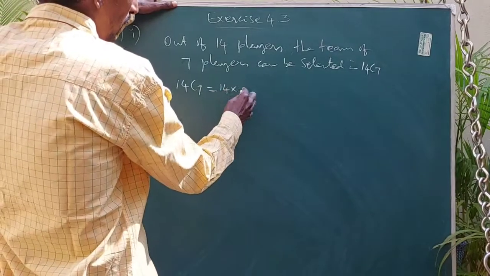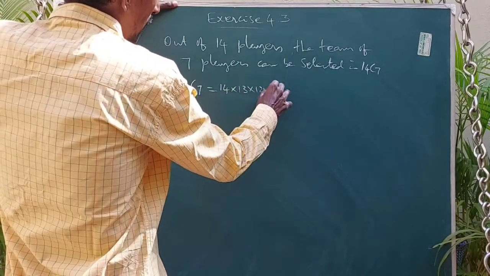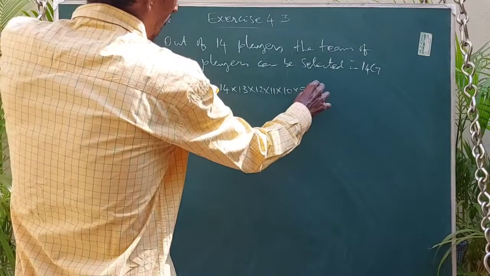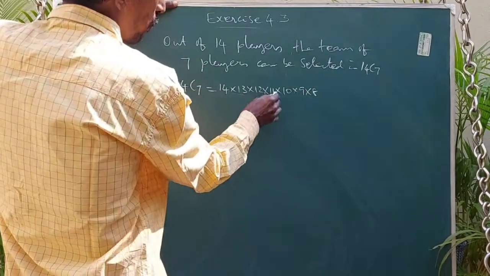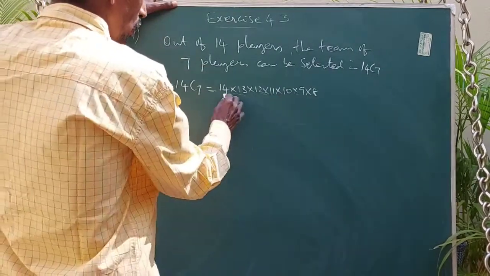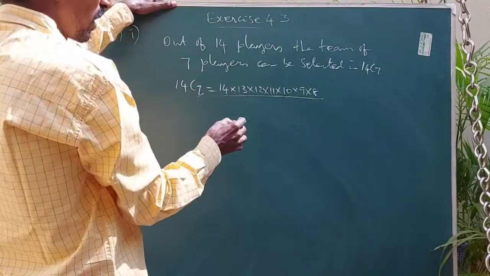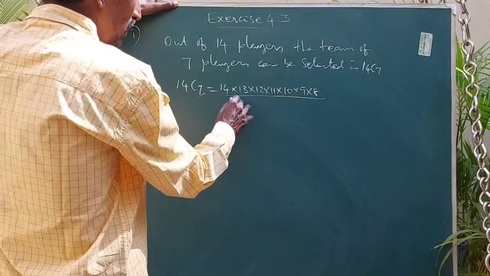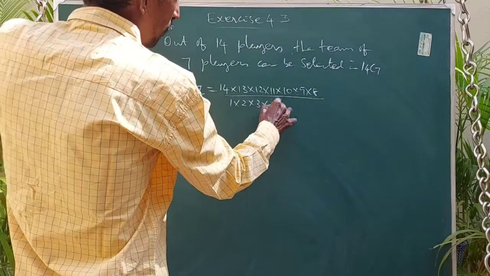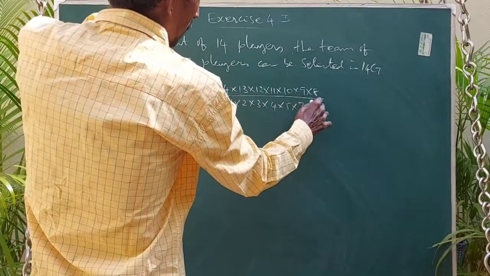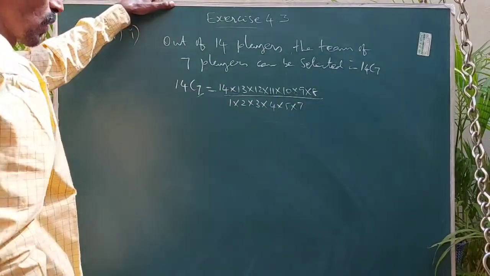So 14 into 13 into 12 into 11 into 10 into 9 into 8. So 2, 4, 6, 7: 7 numbers over. It is the hint. Denominator also has 7 values, but increasing from 1: 1 into 2 into 3 into 4 into 5 into 7. So 7 values over.